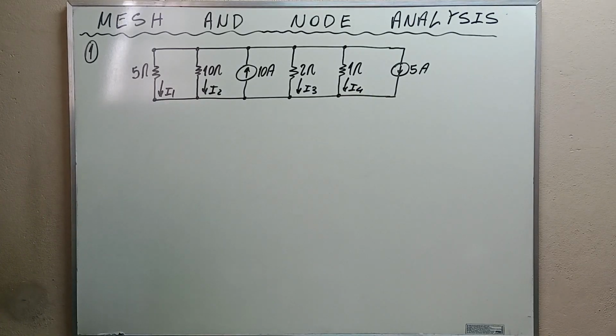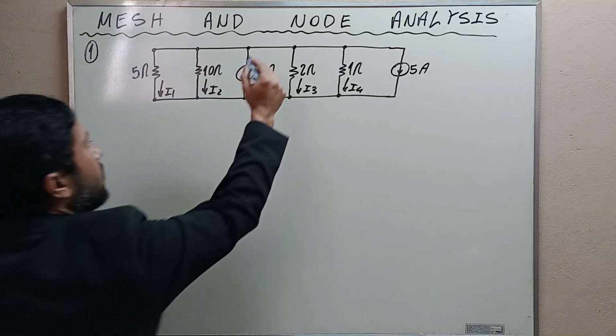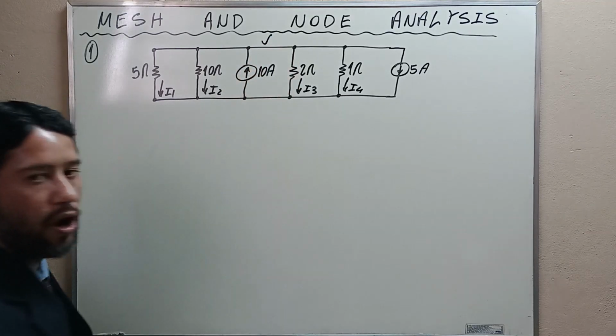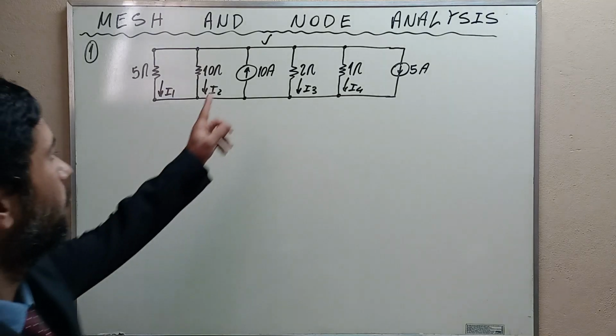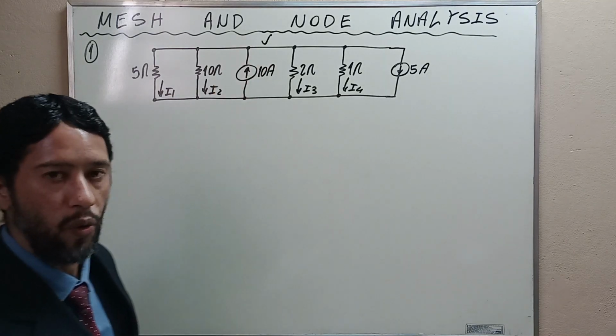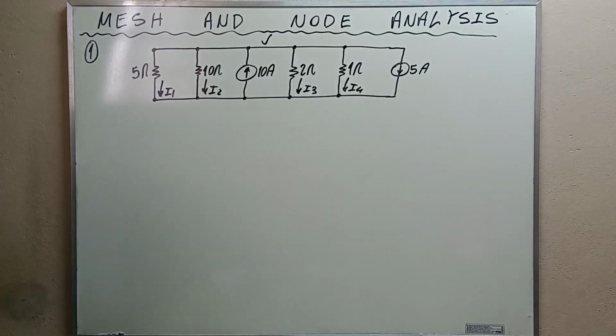And the value of the voltage at this node here, I'm going to call V, alright? After that, we are going to use Kirchhoff's current law to find the value of the voltage at the upper node. Alright, my friends?